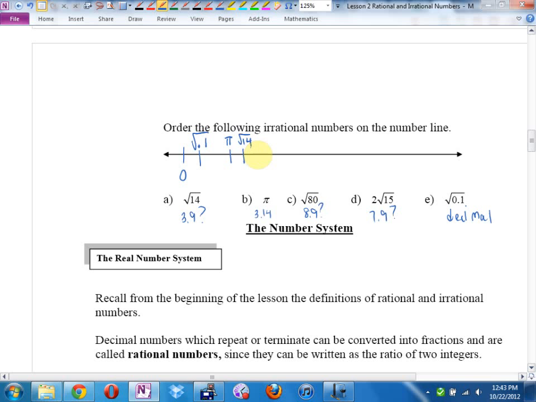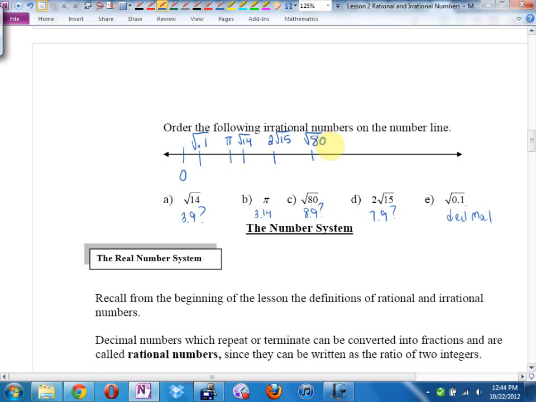What's the next biggest guess that we have? 2 root 15. What's the next biggest guess that we have? Root 80. We get all 5 on there?